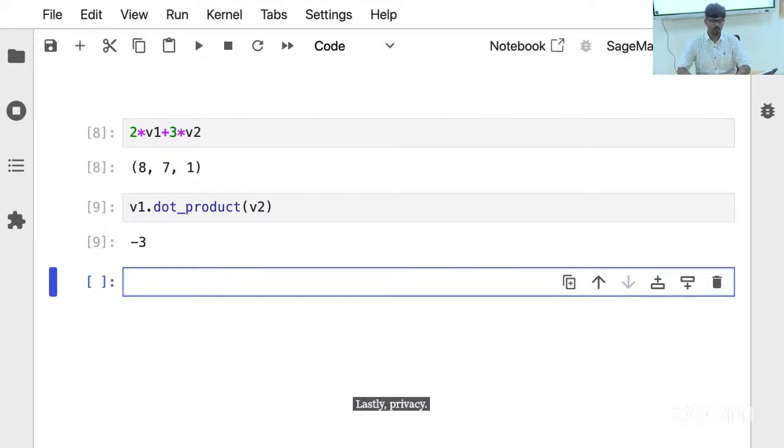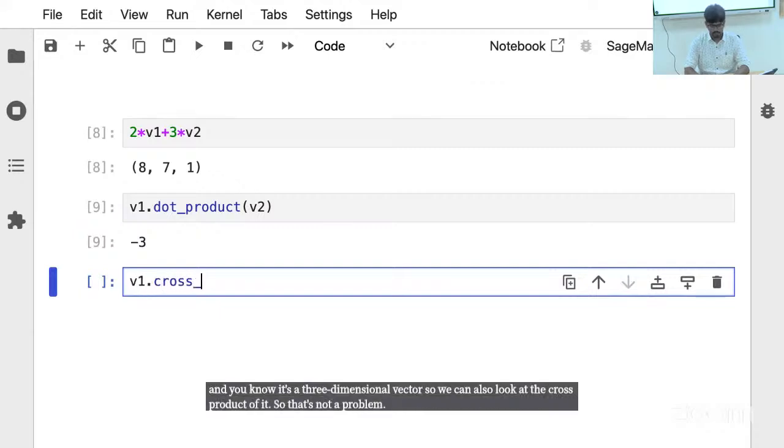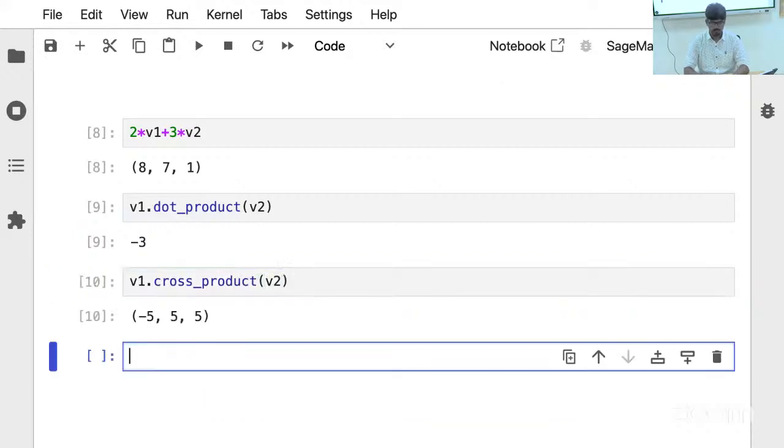So V1 dot product with V2 is obtained by writing V1.dot_product(V2). And it's a 3-dimensional vector, so we can also look at the cross product of it. That's not a problem. That becomes a vector. Okay.